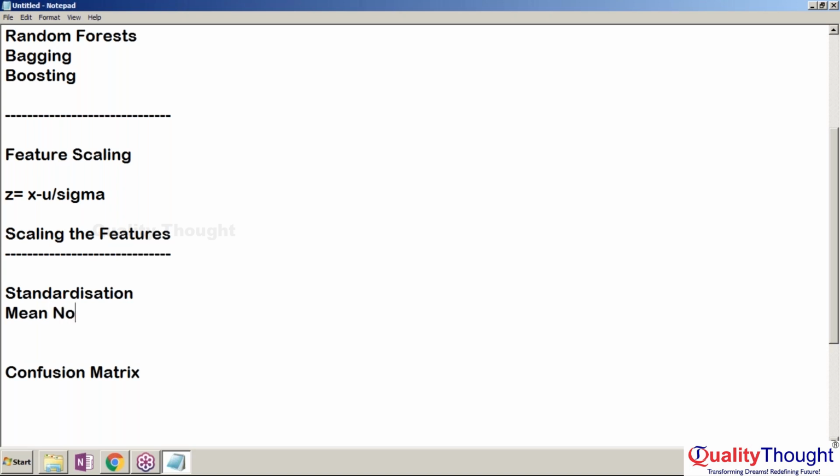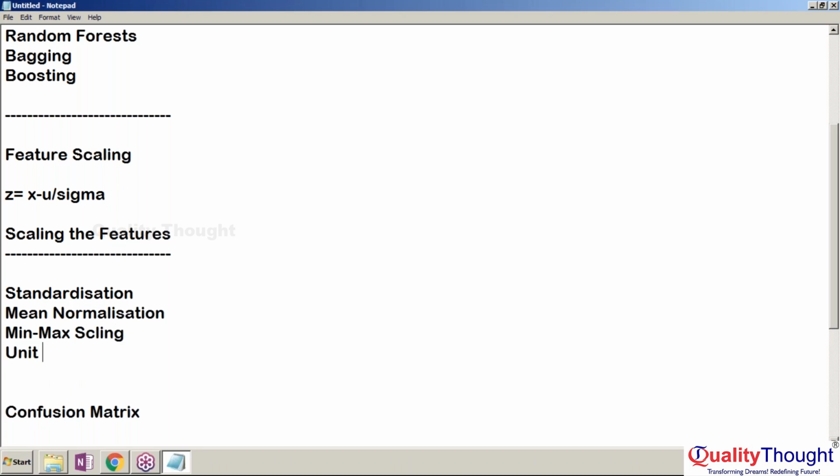Next one is mean normalization, and then the next one is minimum maximum scaling, and then unit vector. So what are all these different kinds of scaling methodologies that we do have? Let us understand.